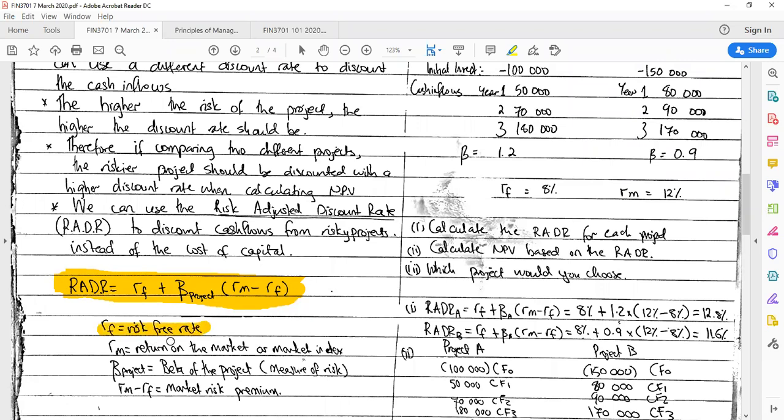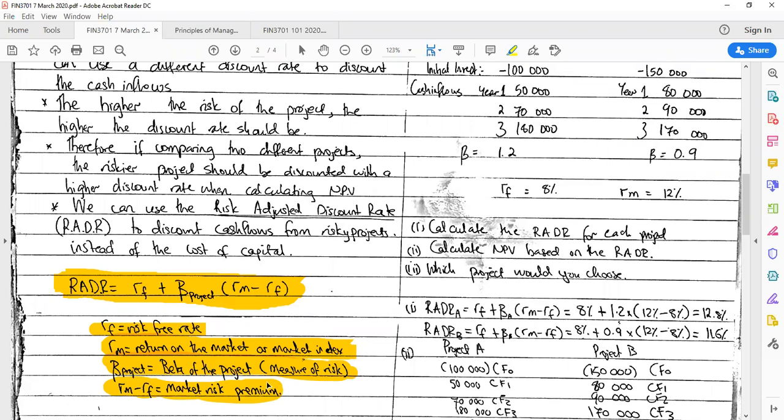RF is known as the risk-free rate. RM is known as the return on the market or market index. B project is known as the beta of the project and it's a measure of risk. The higher it is, the riskier the project is. And RM minus RF is known as the market risk premium.